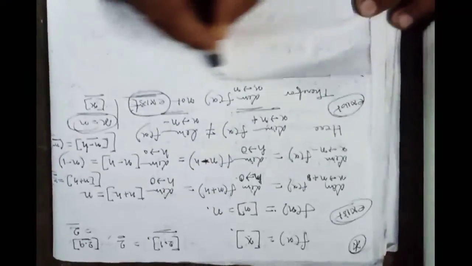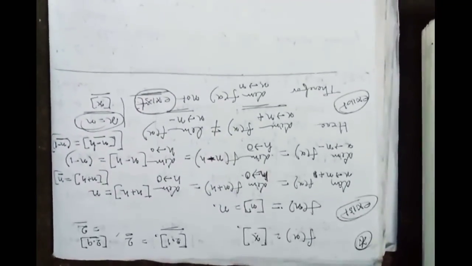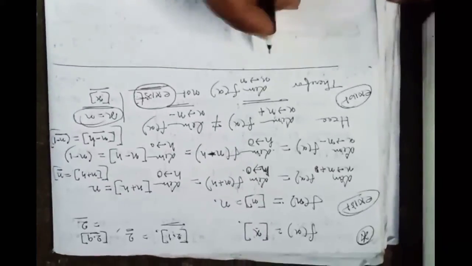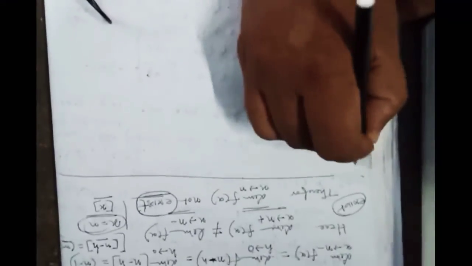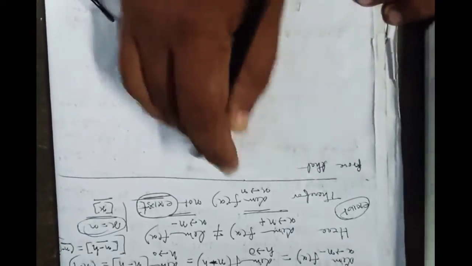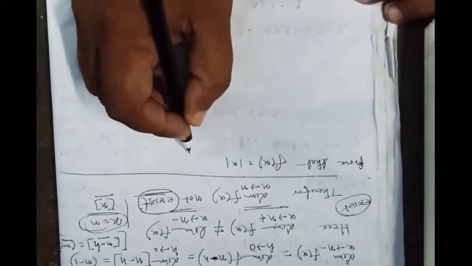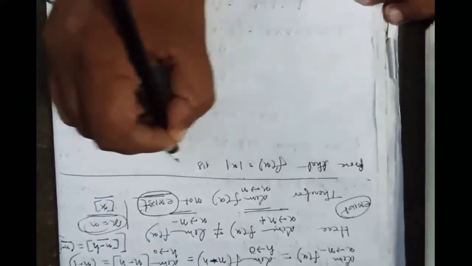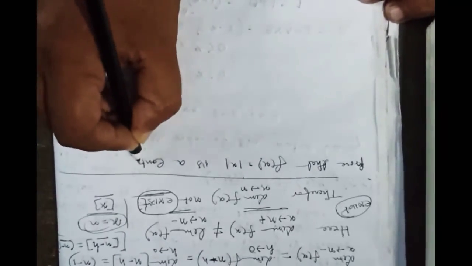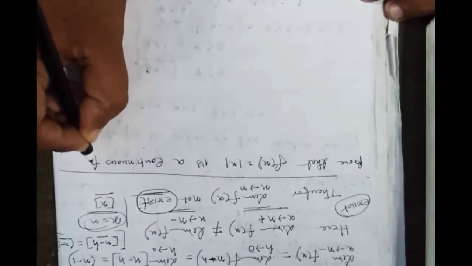Hello everyone. Next, in the next question we have to prove that f(x) equal to mod x is a continuous function.